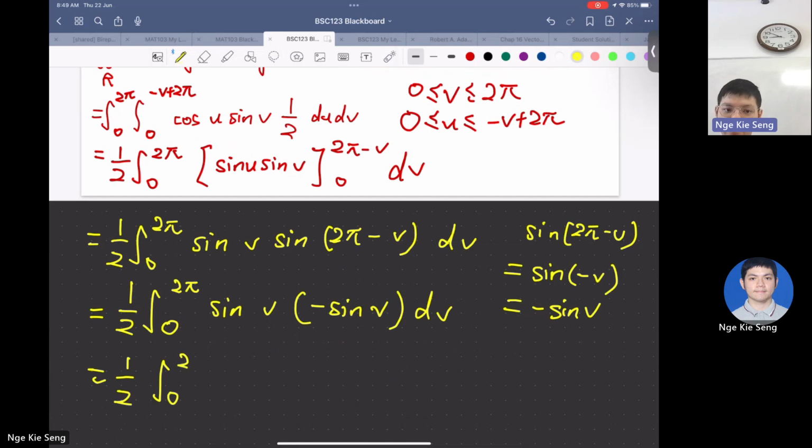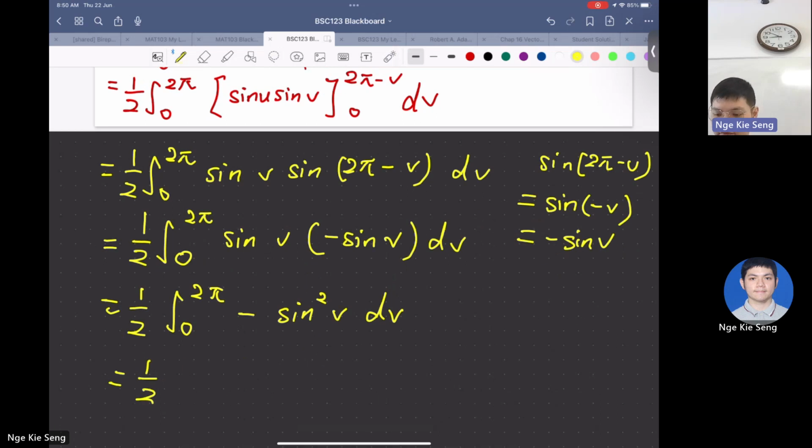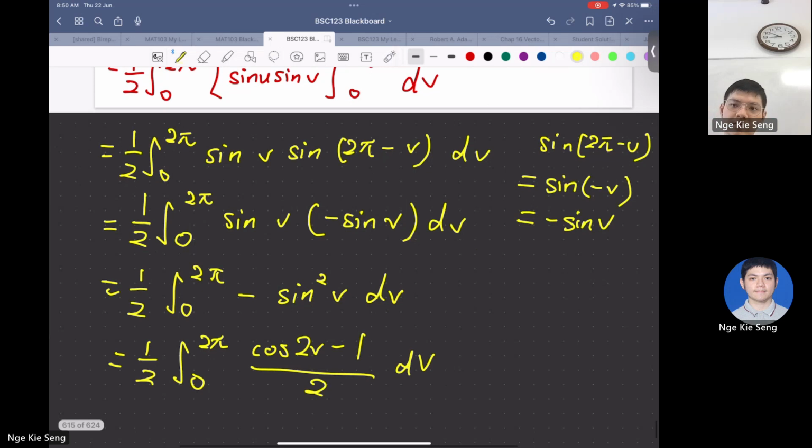So you get sine squared, and you reach your favorite double angle formula. So this is a half of the integral from 0 to 2 pi of cos 2v over 2 minus 1 over 2. I think I have taken account of this minus already. Check the formula: 2 sine squared v equals 1 minus cos 2v.